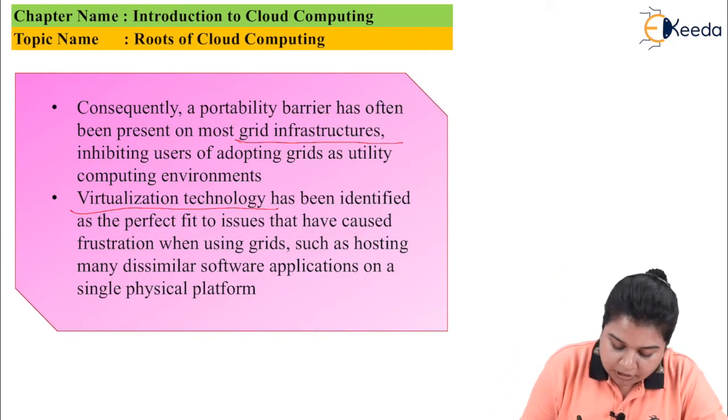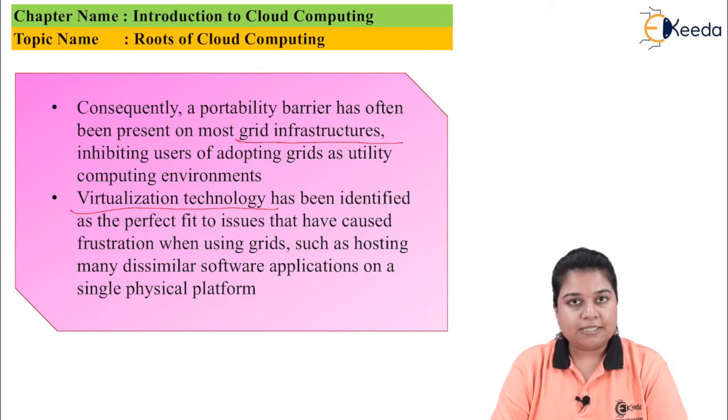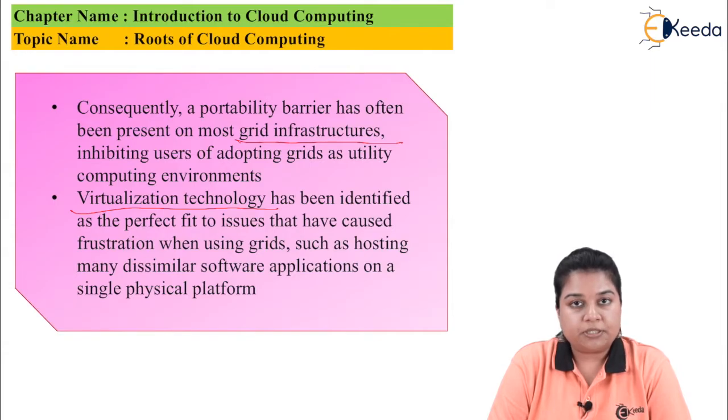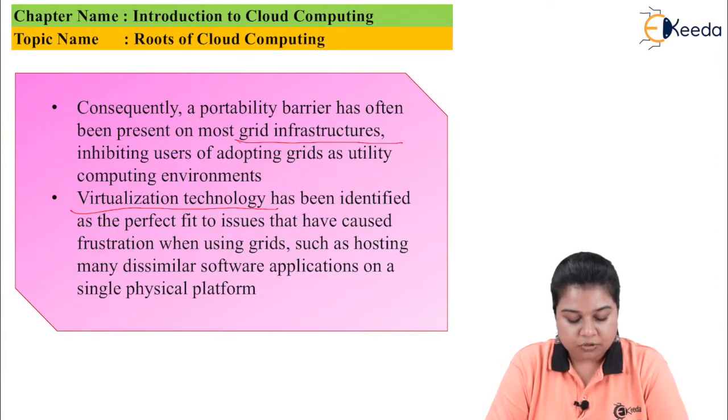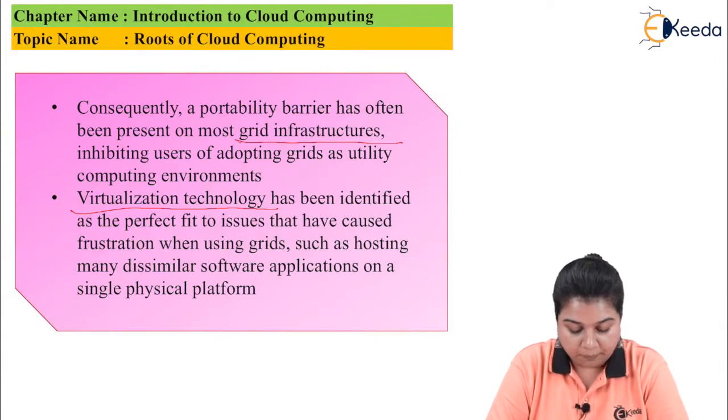Next is virtualization technology. Virtualization technology has been identified as the perfect fit to issues that have caused frustrations when using grids, such as hosting many dissimilar software applications on a single physical platform.